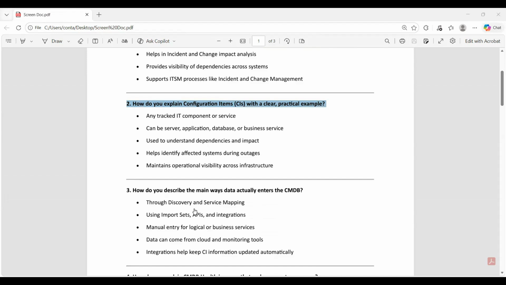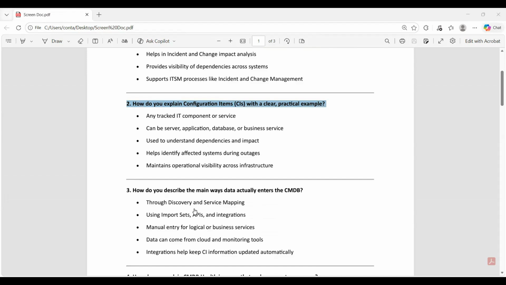So whenever there was an issue with the payment service, we could immediately identify which underlying server or database was involved, which is the faulty component. We can easily track that, right? This kind of explanation sounds practical and shows real project understanding instead of just throwing pure theory at the interviewer. So keep that in mind.